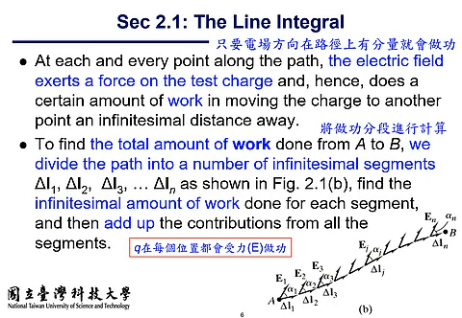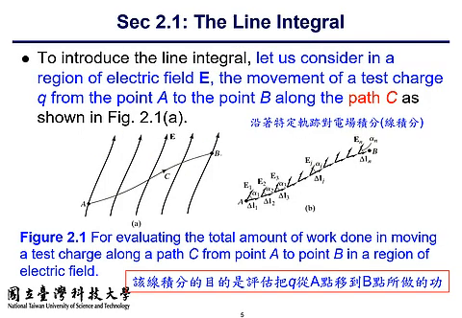And in this example, as we see, the curve is not a straight line, and also the electrical field is not continuous, it's not a straight line as you can see here. It has some curvature. So to calculate the amount of work accurately, you need to do this calculation in short lengths.